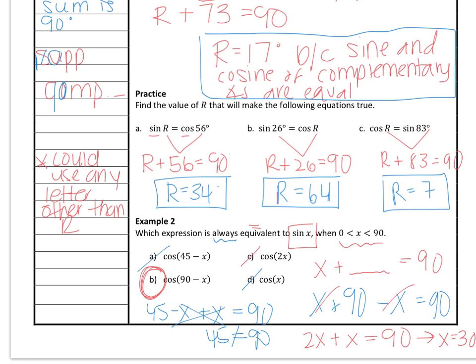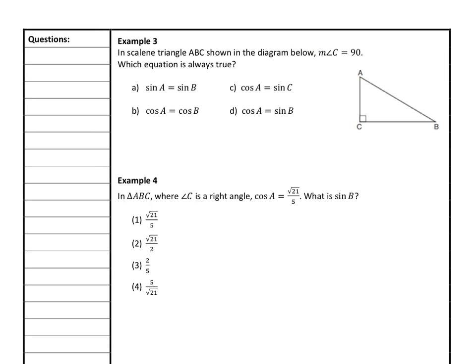All right, flip it over, and we have example 3. This one was, again, a Common Core question. It tells you that the value of angle C is 90 degrees. Now, if we just think for a second, angles in a triangle equal 180, correct?